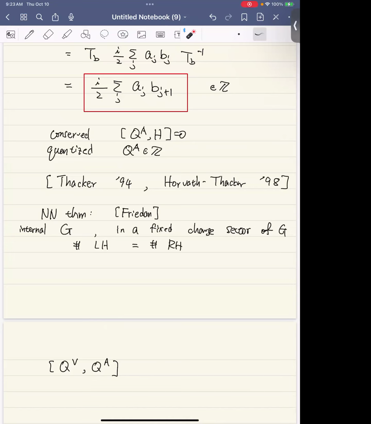Let me emphasize that it's important to fix the charge sector. Usually the way people cite the Nielsen-Ninomiya theorem is just that there has to be an equal number of left-handed versus right-handed fermions. But that's imprecise, especially in 3+1D. In 3+1D, if you don't specify any global symmetry, then a left-handed Weyl fermion is the same as a right-handed Weyl fermion.